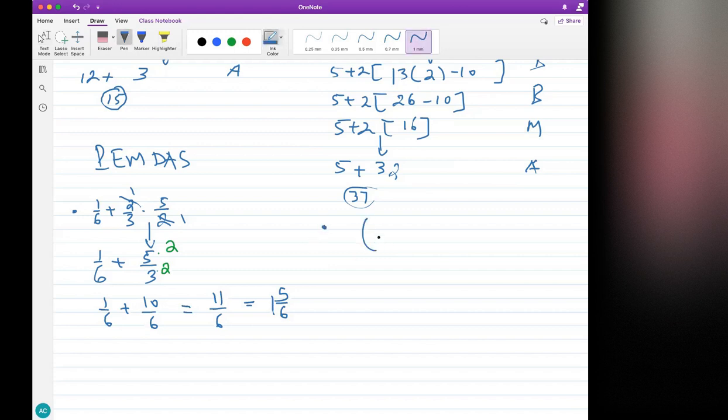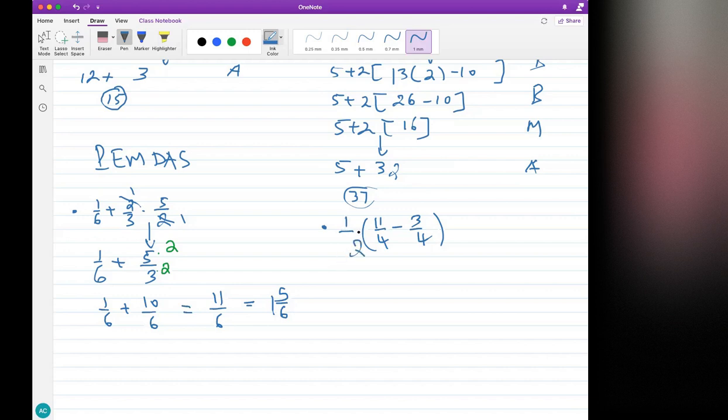You may also have parentheses in them. Say this plus, actually, let's make this maybe 11, and maybe some other number here. 1/2.